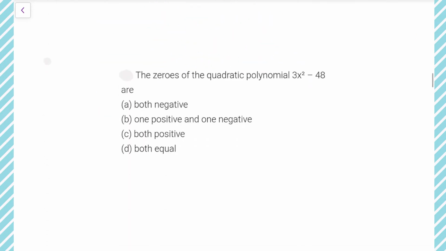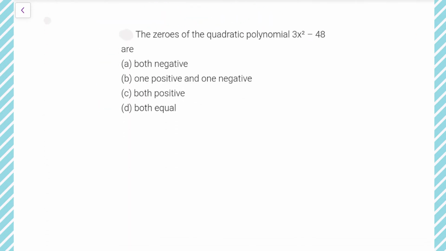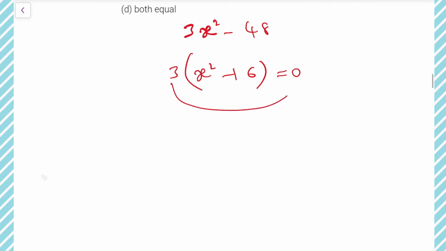Next, the zeros of the quadratic polynomial 3x square minus 48. If I take 3 common, I am left with x square minus 16. We need to find the zeros, so make it equal to 0. Then take 3 to the other side, it becomes division.